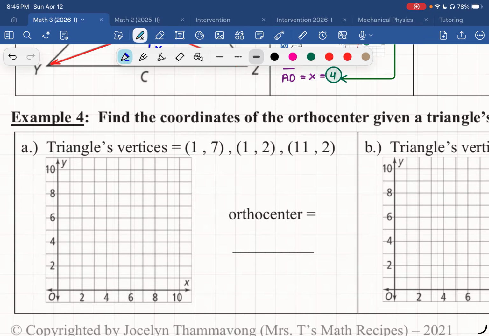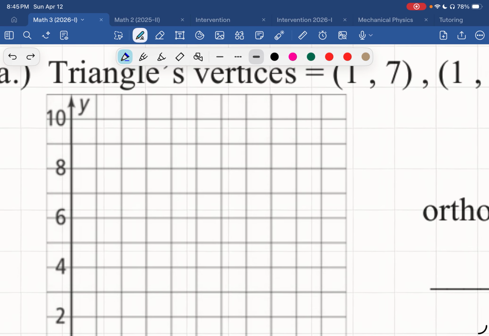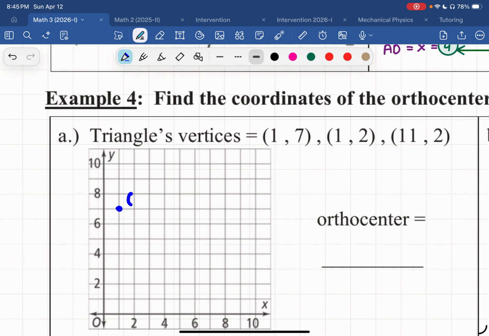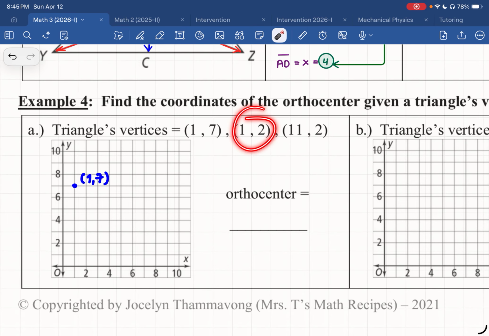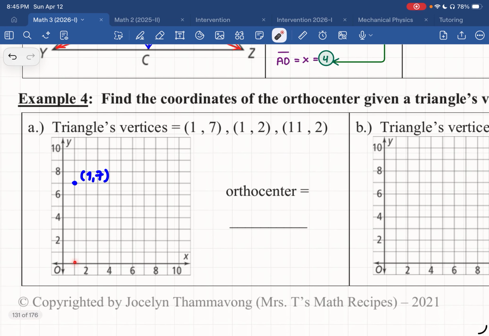So let me put just the point here. Okay, we're going to say this is the point 1, 7. The next point is 1, 2. 1, 2 is 1 in x, 2 in y, this one, right?